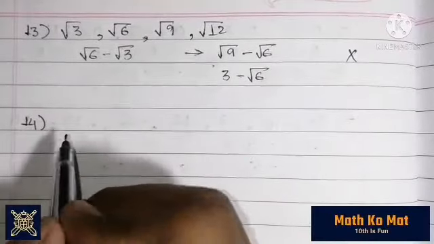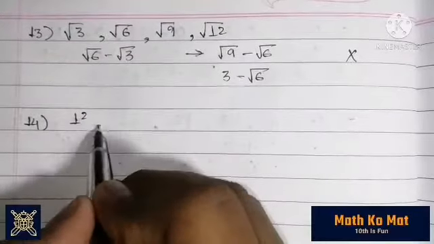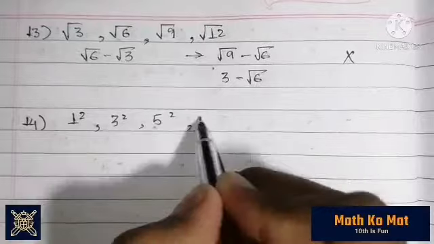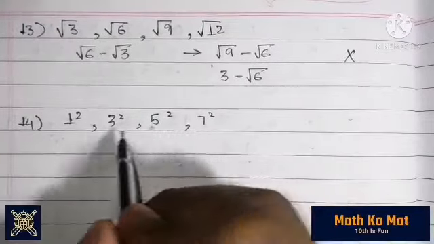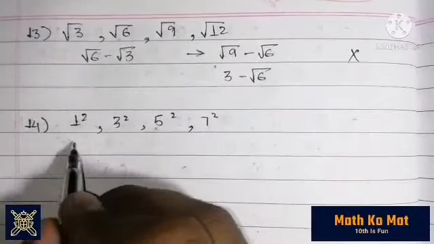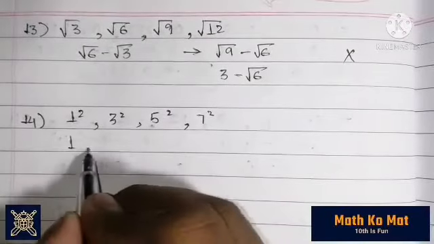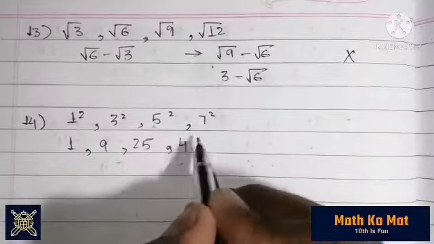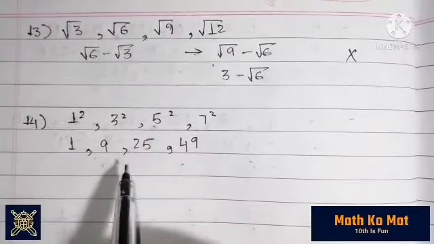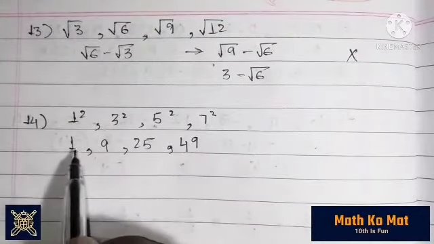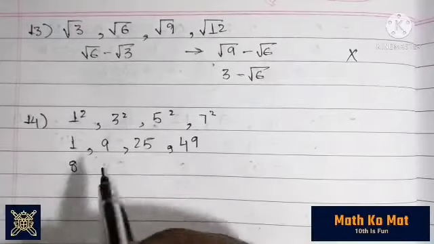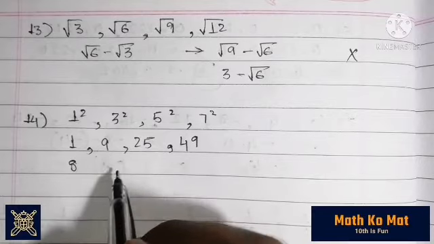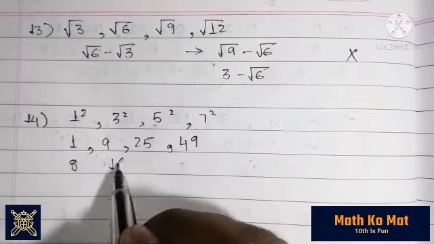For the 14th part, we have 1 square, 3 square, 5 square and 7 square. Now let's check these values. You just have to write the squares. 1 square is 1, 3 square 9, 5 square 25, 7 square 49. We have to check the differences. 9 minus 1, 8. 25 minus 9 would give you 16.